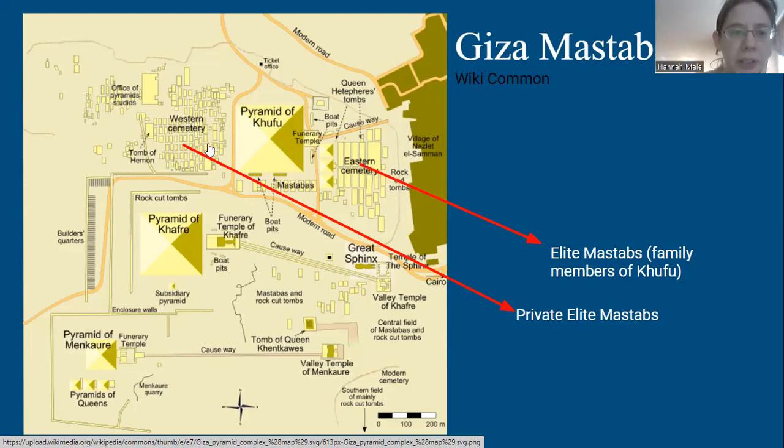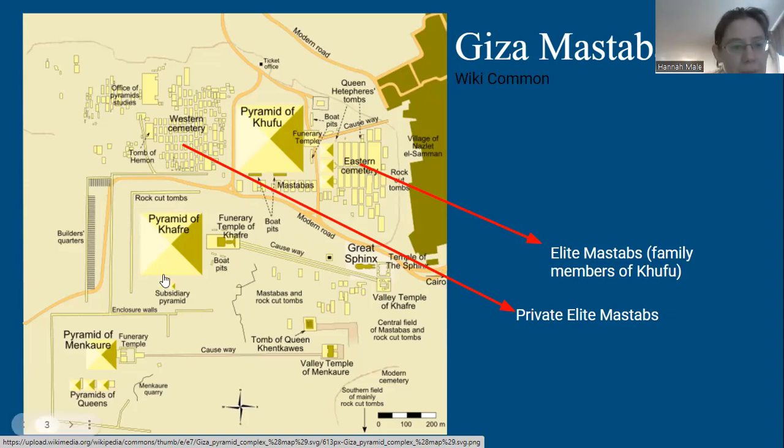And then we have the Western cemetery, also next to both the pyramid of Khufu, and then the pyramid of Khafre is here as well. And the Western cemetery seems to hold private elite mastabas. So people who were in the court of either Khufu or Khafre, but weren't necessarily their family members.